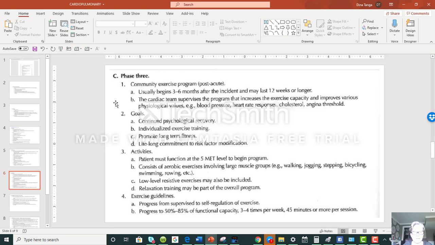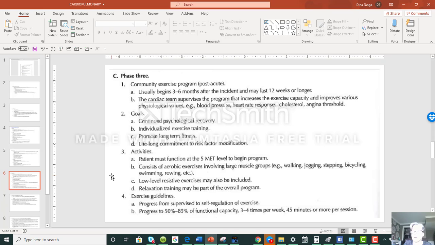Activities: patient must function at a 5 MET level to begin the program. Consists of aerobic exercises involving large muscle groups: walking, jogging, stepping, bicycling, swimming, rowing, etc. Low-level resistance exercises may also be included.